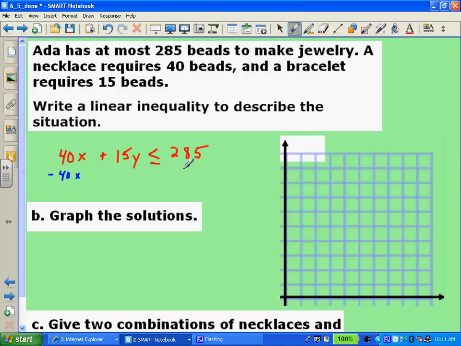So let's go ahead and do that. Subtract 40x, subtract 40x. So then I have 15y is less than or equal to negative 40x plus 285. Now you gotta divide by 15.